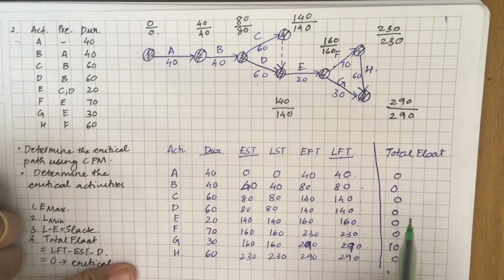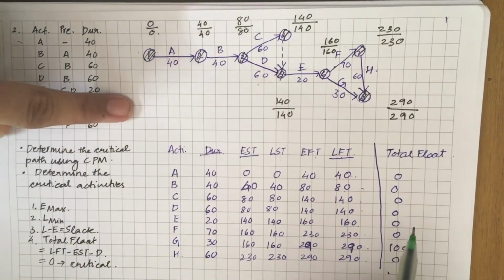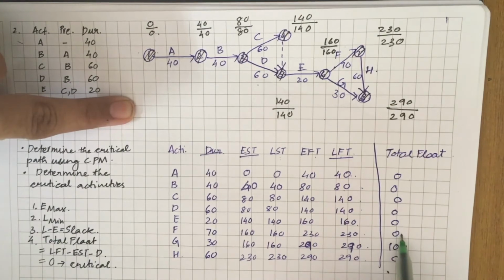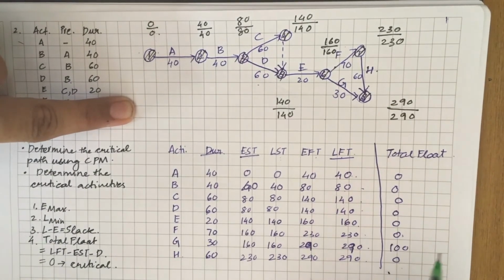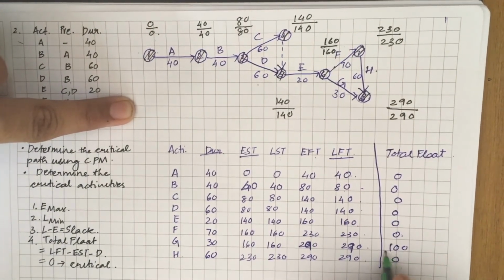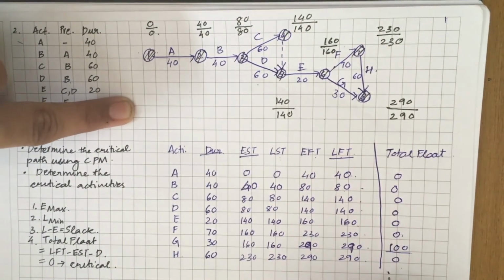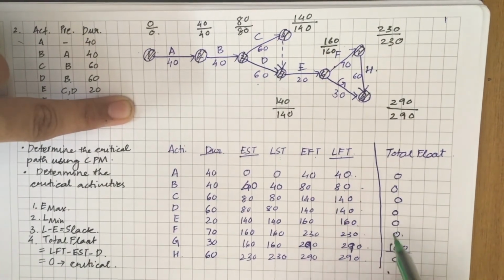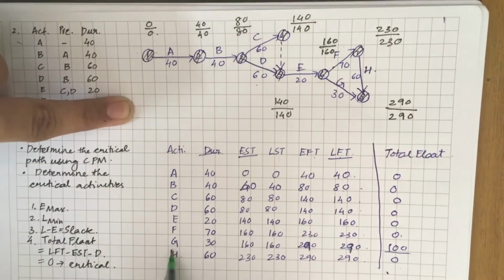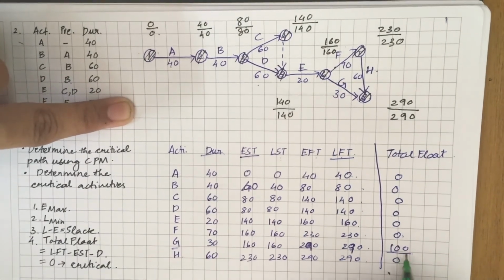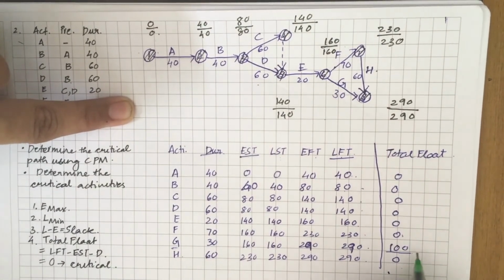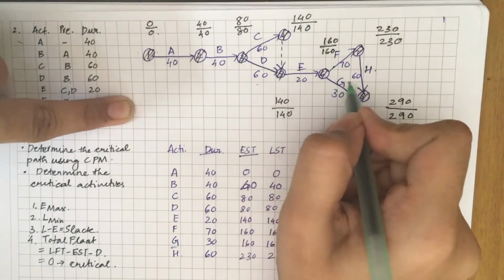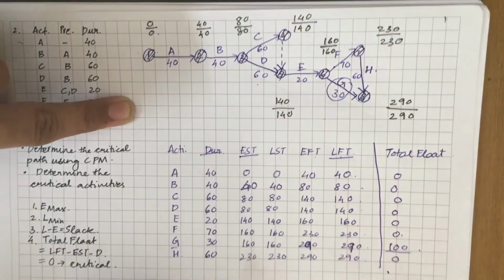So if you observe, wherever the total float is 0 will be the critical activity, and wherever the total float is non-zero will be non-critical. So now all the total float values are calculated, and if you observe, all the activities are critical except the G activity, because it does not have a 0 total float. So G is not a critical activity.